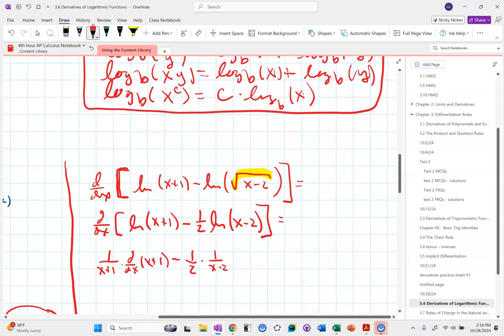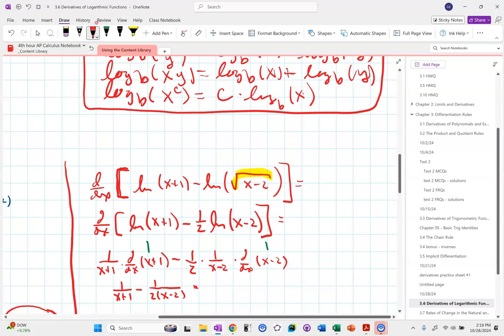1 over x minus 2 times the derivative of x minus 2. What's the derivative of x plus 1? What's the derivative of x minus 2? So here we just have 1 over x plus 1 minus 1/2 times 1 over x minus 2.